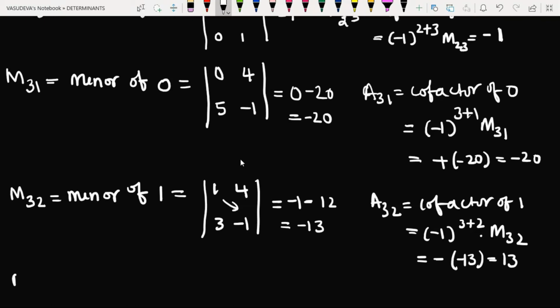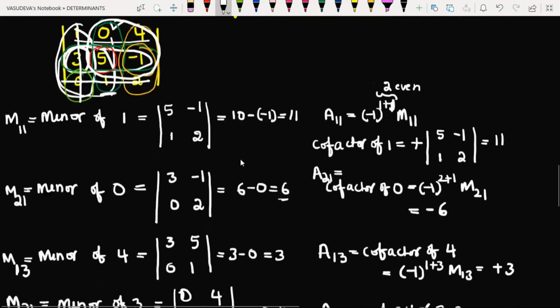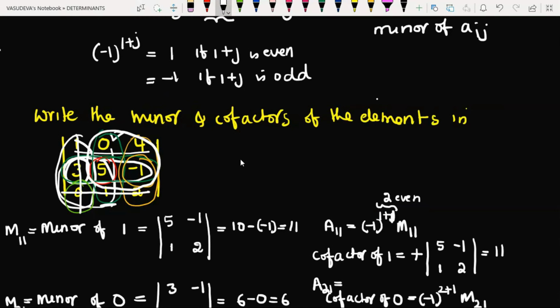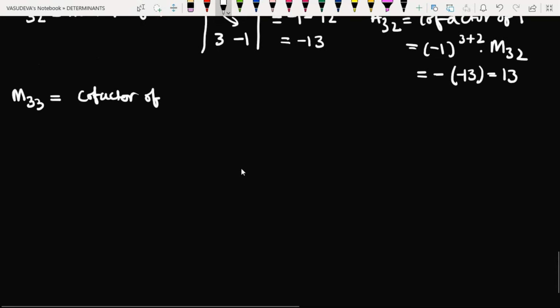The last element is the cofactor of the element in the third row and the third column, which is 2 here. So this is the minor of 2.